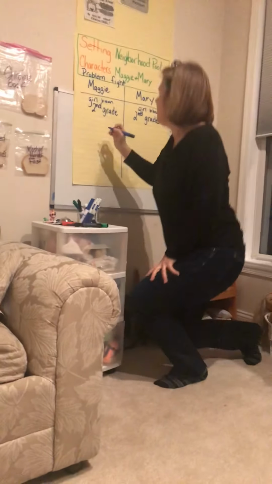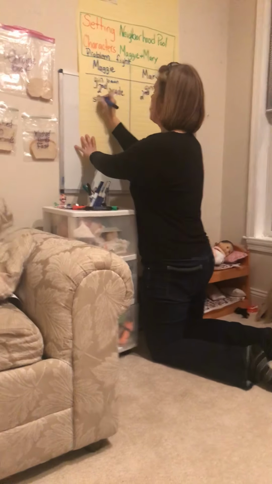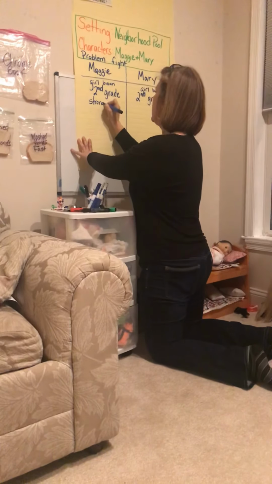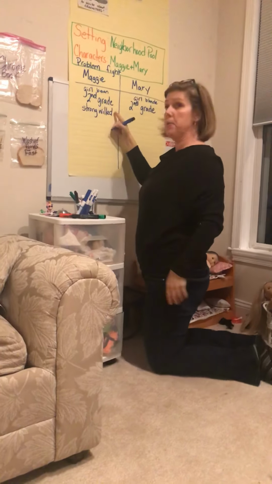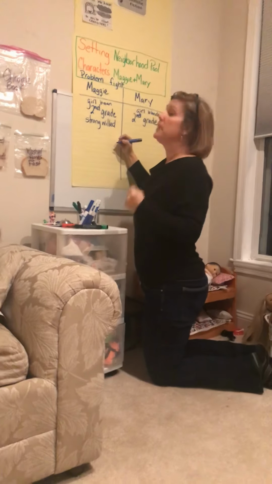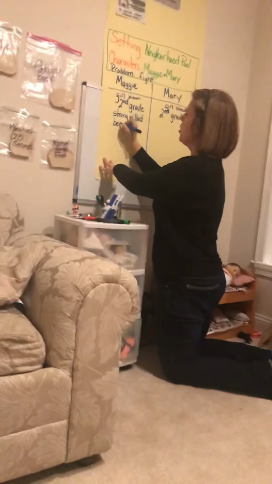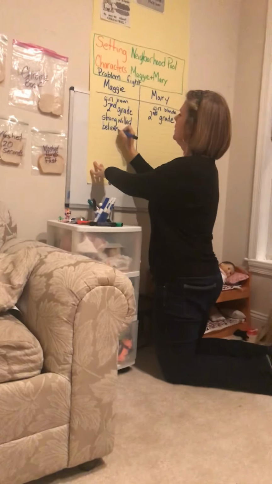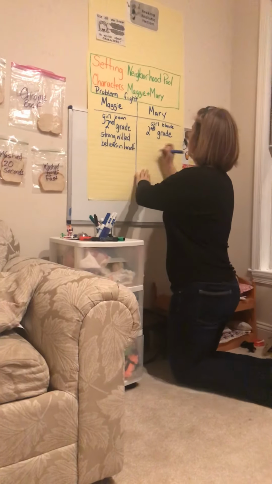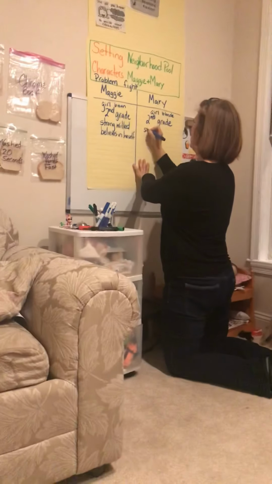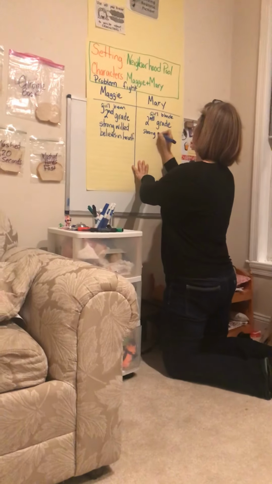Anyway, I'm going to have them fight, and I'm going to say Maggie is very strong-willed. Do you know what that means, guys? So she's stubborn, but she believes in herself. That's more strong-willed. And I'm going to say Mary is also strong-willed.